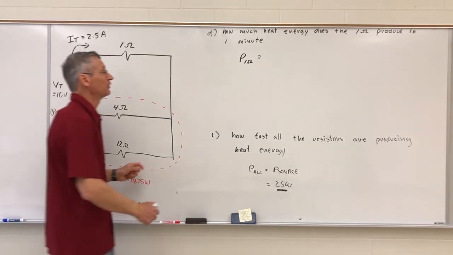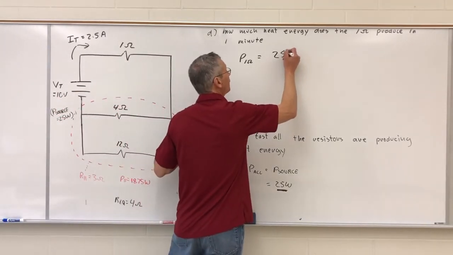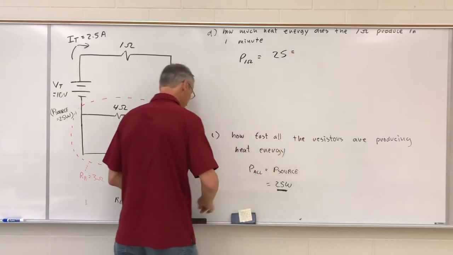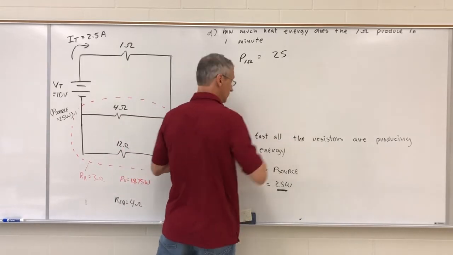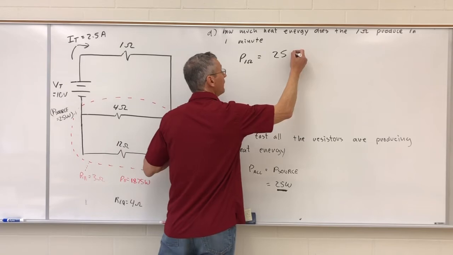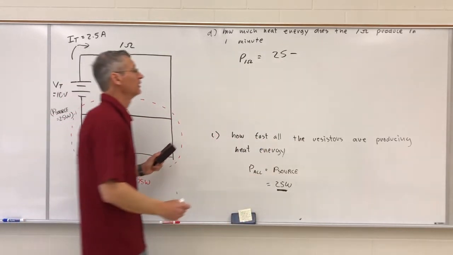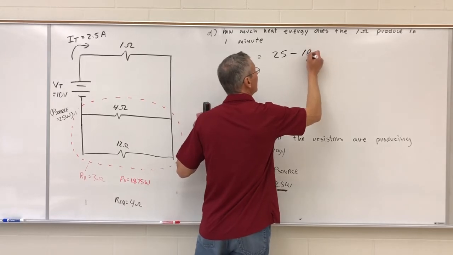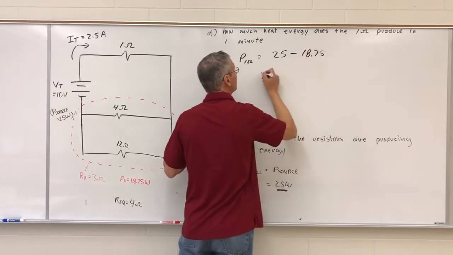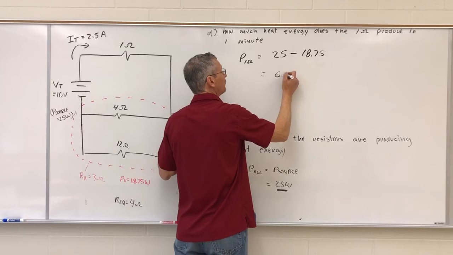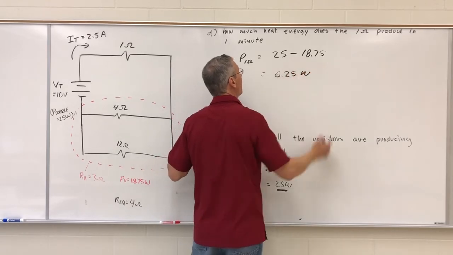Well, how about this? You take how fast they're all producing heat energy, 25, and you subtract away how fast these ones are producing heat energy. And there's your answer. I think that comes out to 6.25 watts.